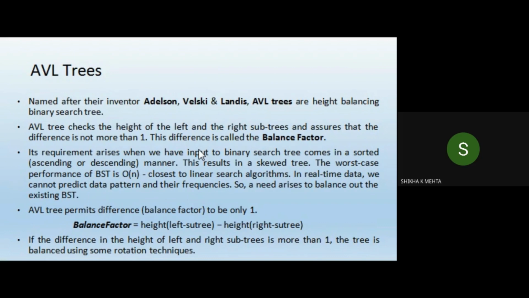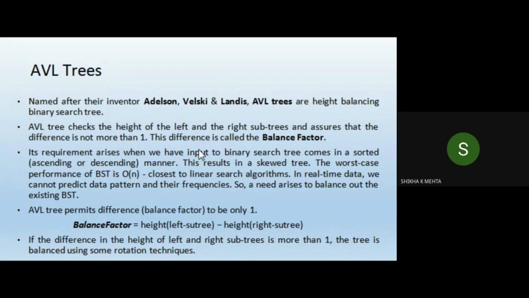So at every point, whatever operations we are doing in the binary search tree, if that operation increases the difference in the height of the left and the right subtree, that means it becomes unbalanced. In order to balance it again and bring the difference between the heights of the left and the right subtree back within limits, we perform certain operations, and these operations are called rotations.